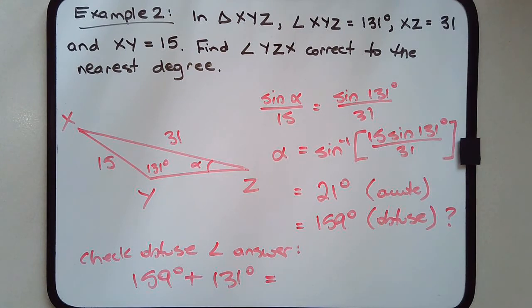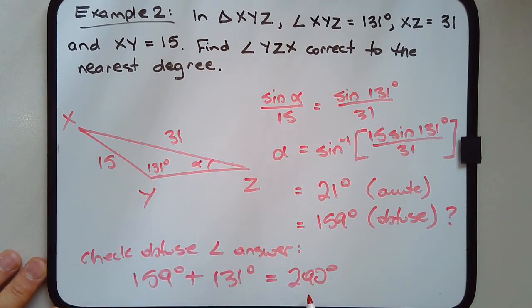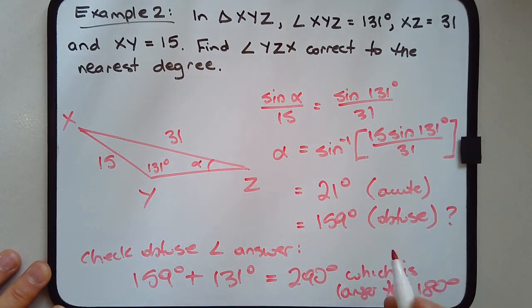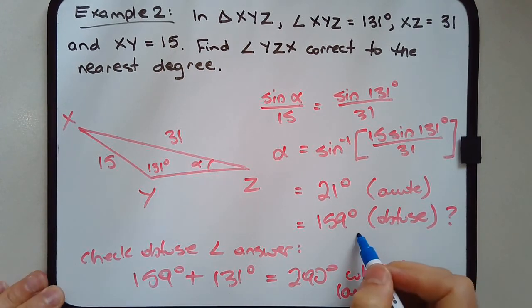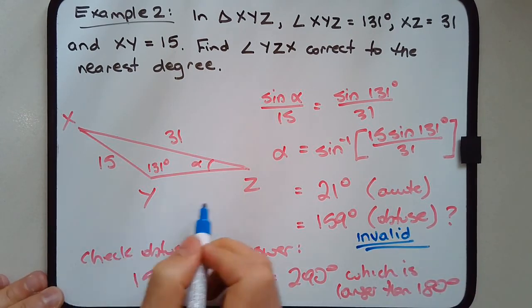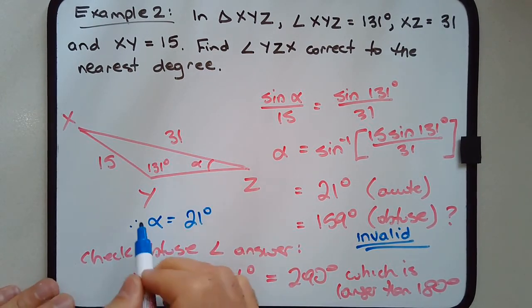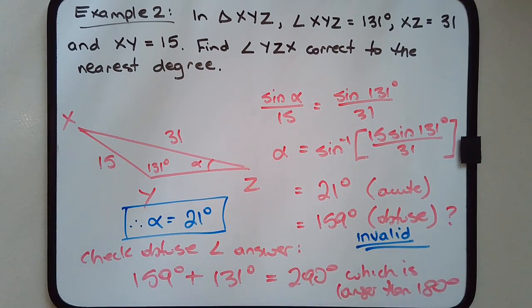Huge. Angle sum of a triangle should be 180. I've just added these two angles together and I've got an answer way bigger than 180 degrees. Therefore this one here is invalid. Therefore the only solution is alpha equal to 21 degrees. It can't be 159.